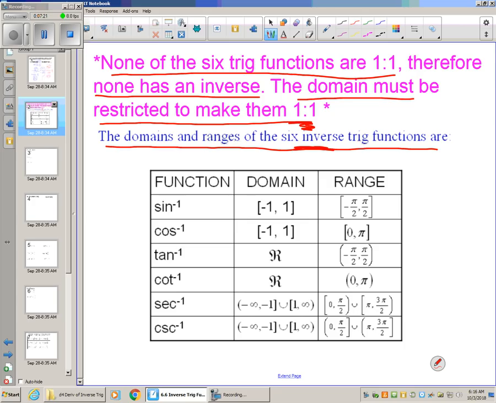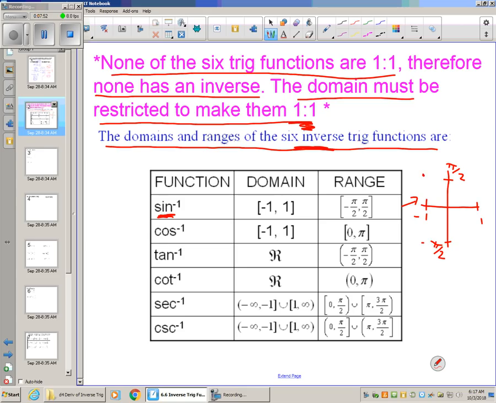So sine inverse right here. Its domain is negative 1 to 1. Its range is restricted between negative pi over 2 and pi over 2. Remember what that graph looks like. I'll draw it out to the side right here. Its domain was between negative 1 and 1, and its range was between pi over 2 and negative pi over 2.